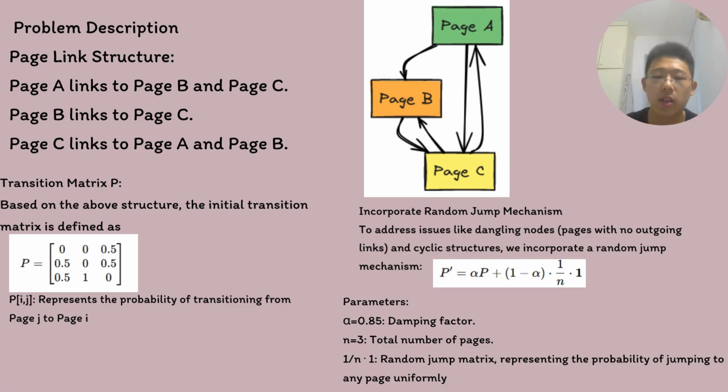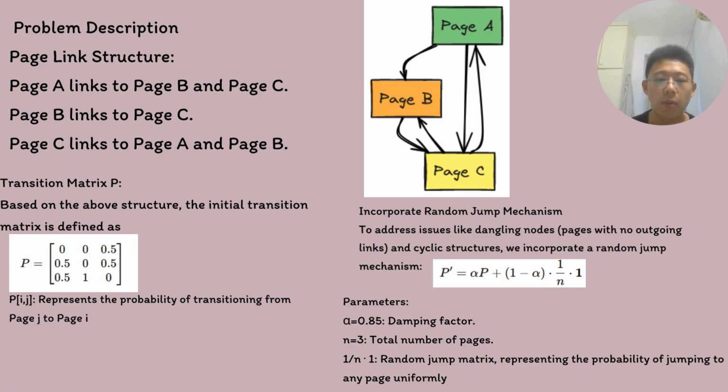The page link structure is: page A links to page B and page C. Page B links to page C. Page C links to page A and page B. Based on this structure, we can get the transition matrix P. In the example, P_ij represents the probability of transitioning from page j to page i.